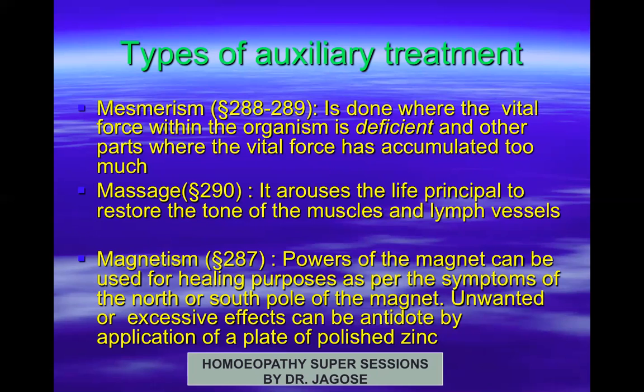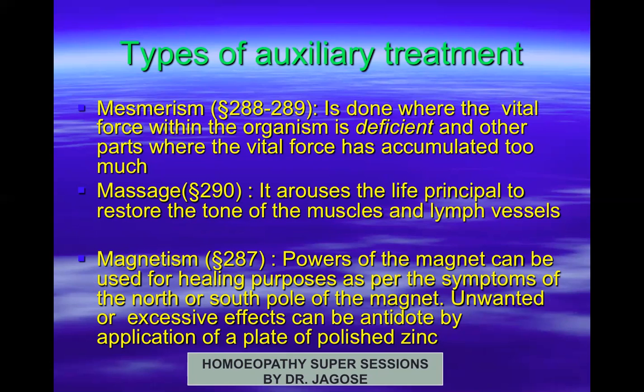Magnetism, given in aphorism 287: the powers of the magnet can be used for healing purposes as per the symptoms of the north or south pole of the magnet. So the magnet has certain properties. The north pole and the south pole of the magnet have different symptomatology. Unwanted or excessive effects can be antidoted by application of a polished plate of zinc.